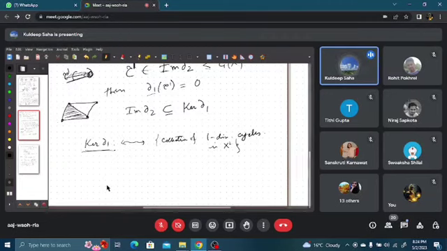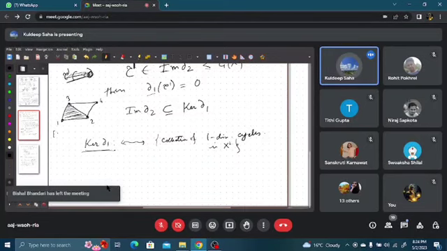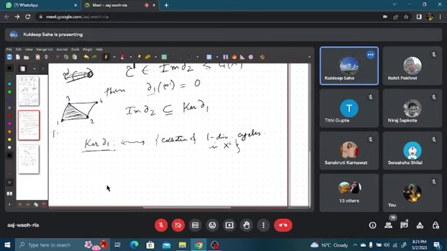Now note this thing, what is the boundary of this? This is 2 3 minus 1 3 plus 1 2.